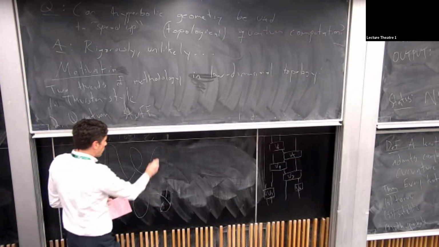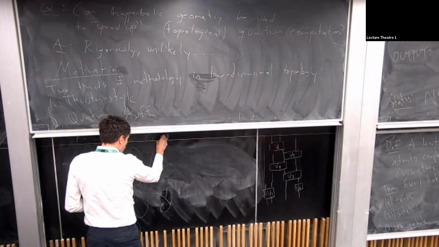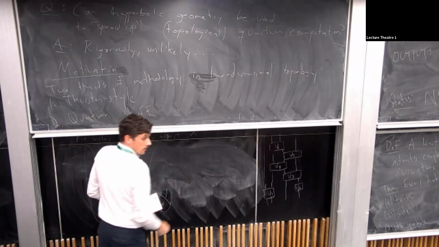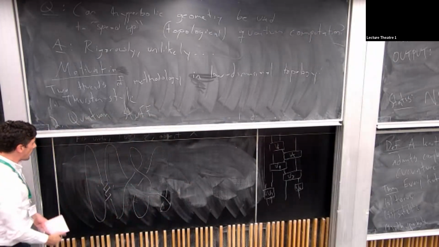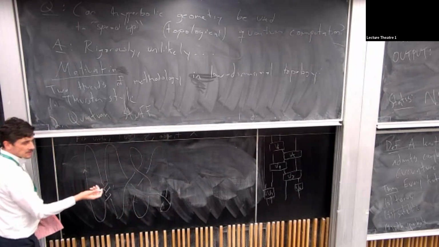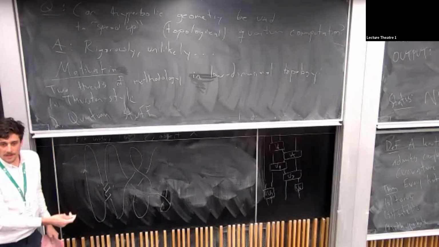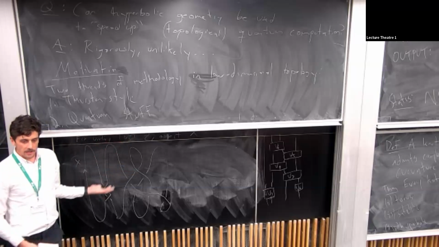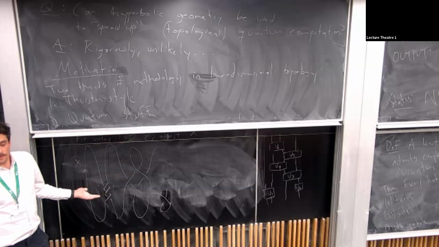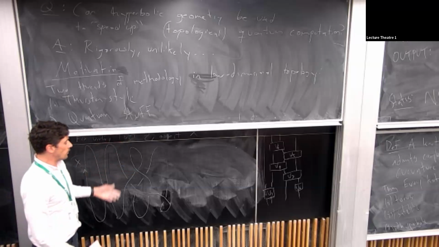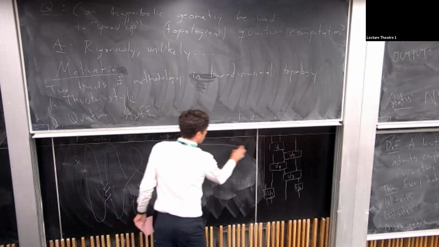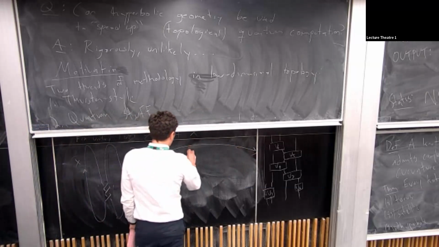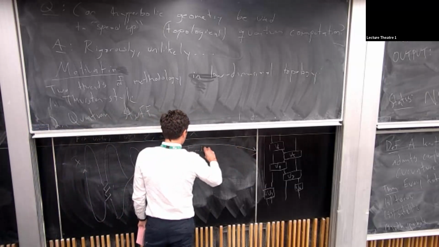And so I'll also fix a color or an object X. Then whenever I have a diagram of a knot, maybe it needs to be a ribbon knot, an oriented ribbon knot, I can color it by that object X. And the TQFT gives me an invariant, some complex number. What Freedman, Larsen, Wang showed is that you can always approximate this complex number, the invariant of this knot, on a quantum computer.